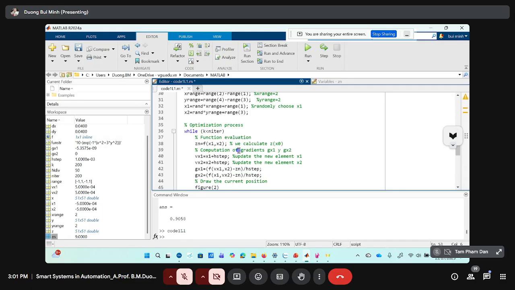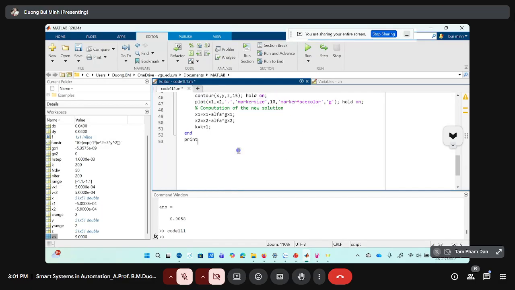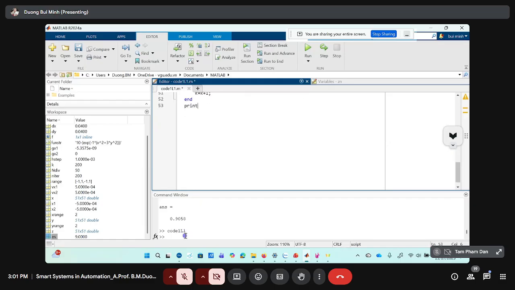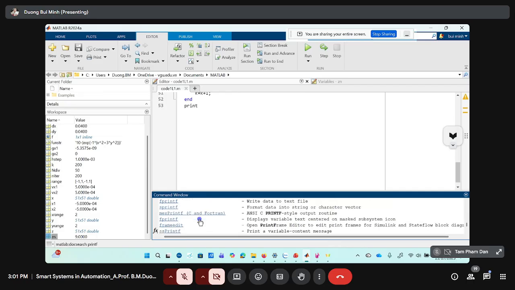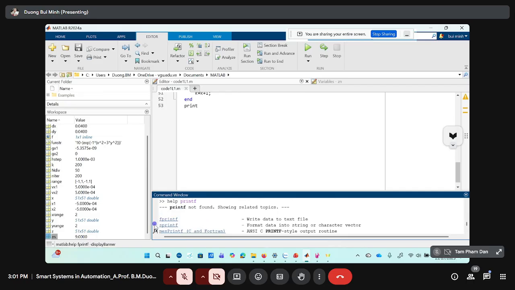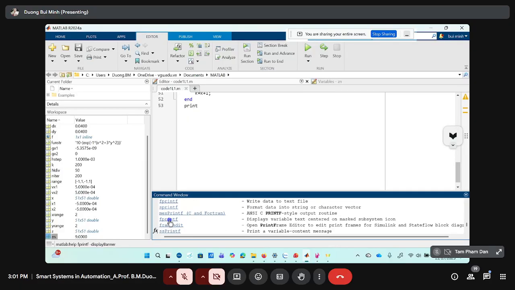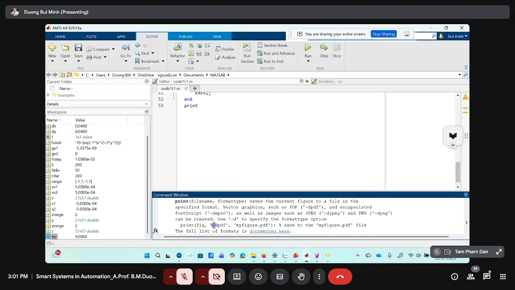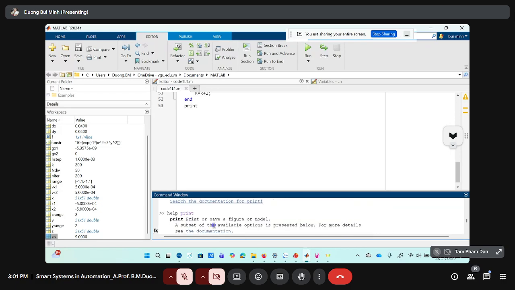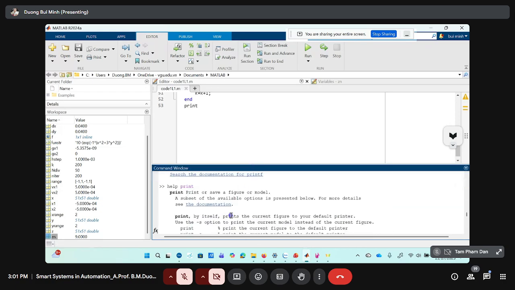I forgot the format. Maybe I will type here F print. For a long time I haven't used it, so I forgot.